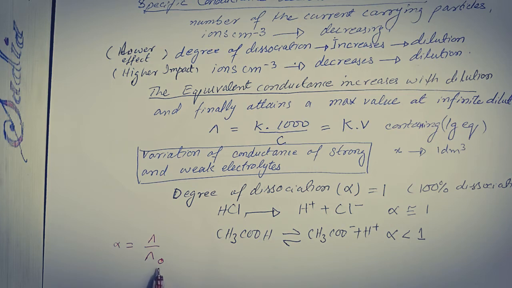So here we can see that the degree of dissociation can be calculated using formula given here. So the value of this equivalent conductance at infinite dilution cannot be found from direct extrapolation of the plot.